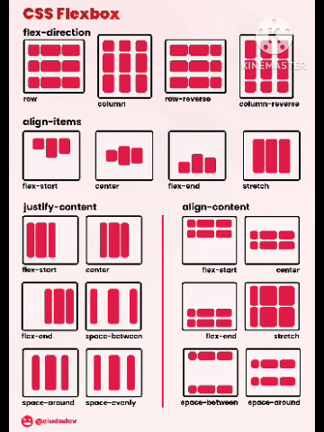Justify center means all the 3, A, B, C, will be in the center of the container. For example, if the container is 1000 pixels and each of A, B, C is some 100 pixels, all the 3 will be in the center, leaving some 350 pixels to the left side and 350 pixels to the right side, okay.